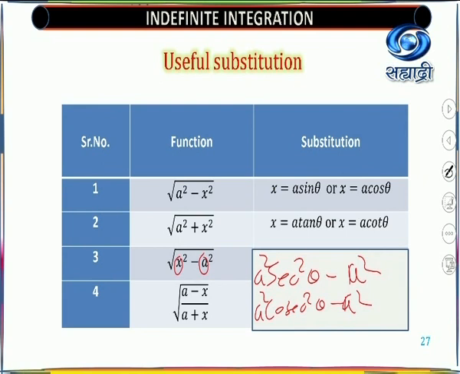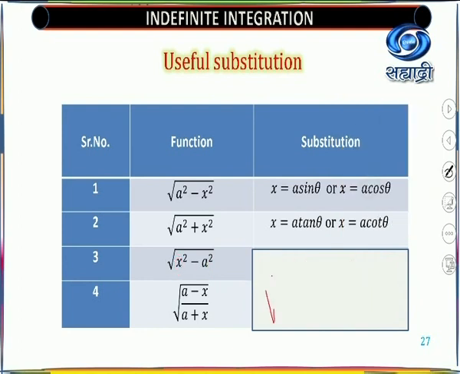And what about the fourth type of examples? In the fourth type, you have a minus x, there is no square term. So you get only a, and you know this simplification is possible with 1 minus cos 2 theta and 1 plus cos 2 theta from trigonometry.